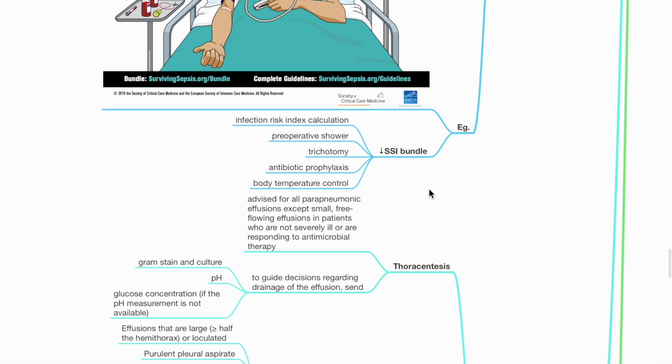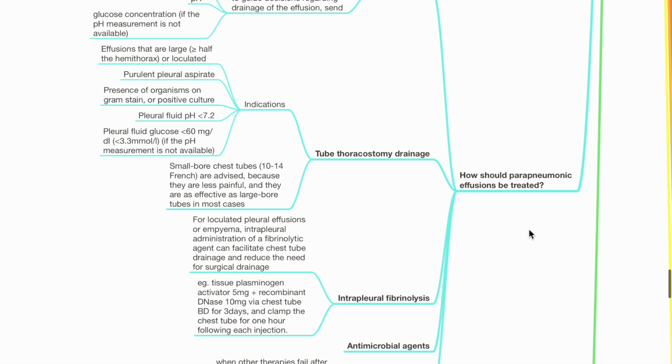An example of a care bundle to reduce surgical site infection is infection risk index calculation, preoperative shower, trichotomy, antibiotic prophylaxis, and body temperature control.